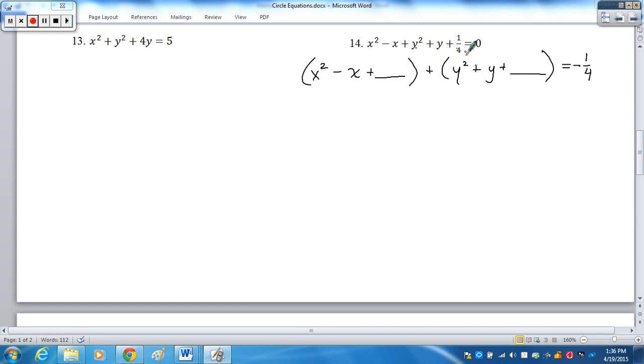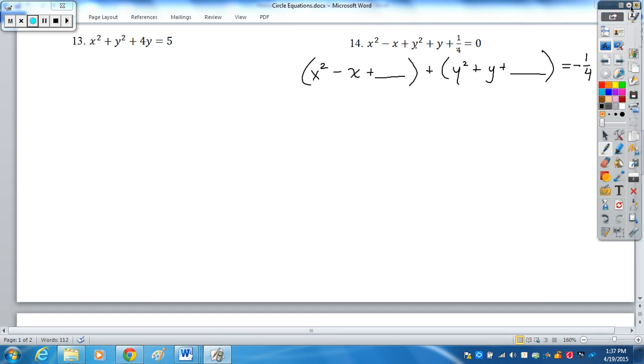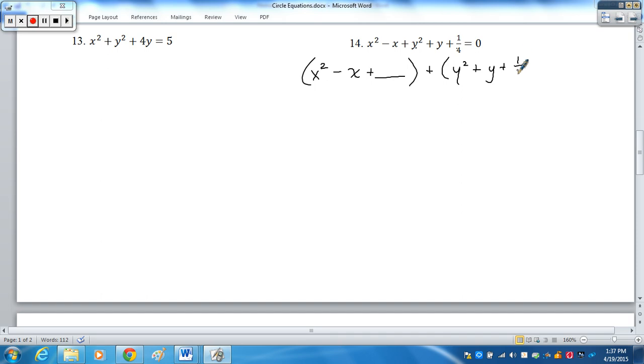Can it work that way? One-fourth, so 1/2 and 1/2 will be 1/4, 1/2 y. That might work out. Let's try that. Plus 1/4 is equal to 0. Well, let's try that and see if that works out.